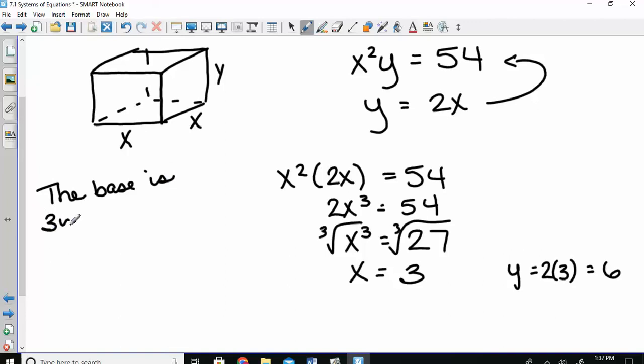Then we just write our sentence. So the base is 3 inches, and the height is 6 inches.